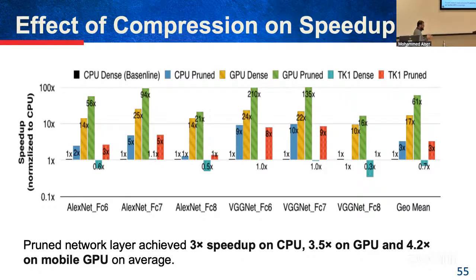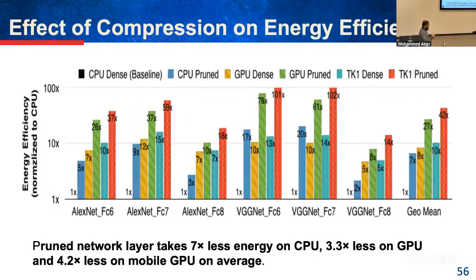So if you do this, the paper mentions that they achieve a 3 times speedup on CPU, 3.5 times on GPUs, and 4.2 times on mobile devices. And energy efficiency means you need less energy for the operational computations, as you can now fit the models in the SRAM.